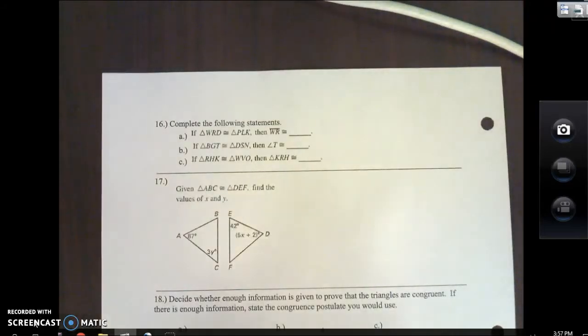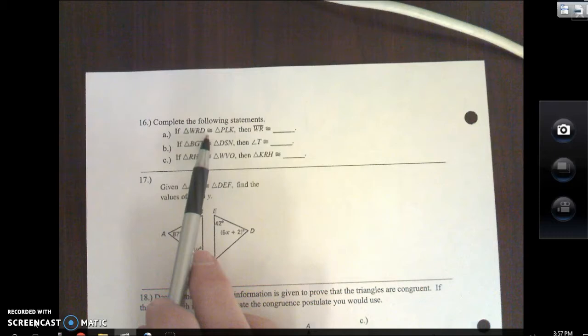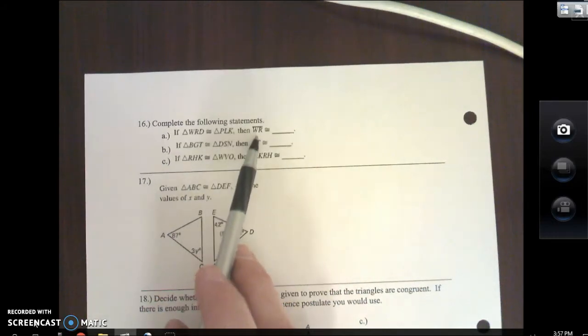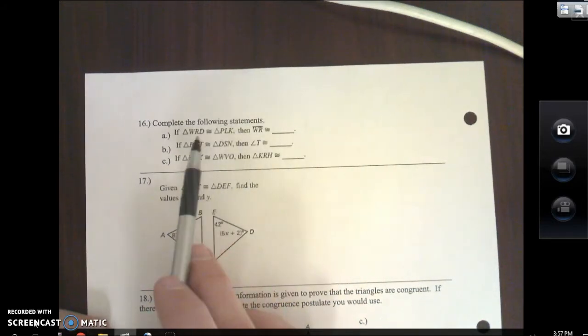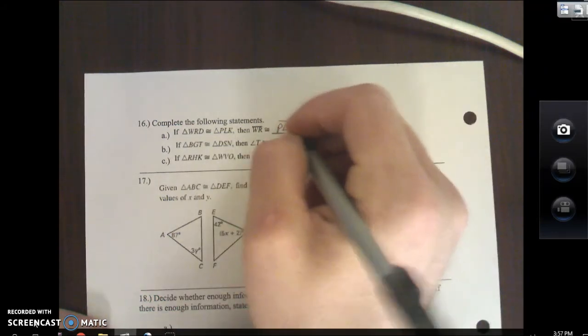Okay, on the back, complete the following statements. A, if triangle WRD is congruent to triangle PLK, then line segment WR, the first two, is congruent to line segment PL, the first two.